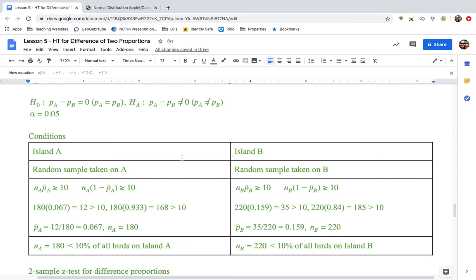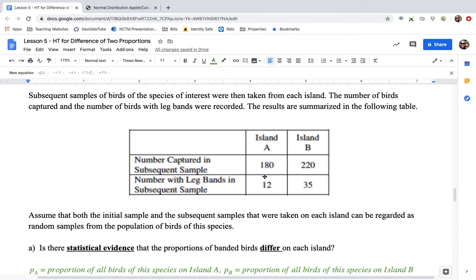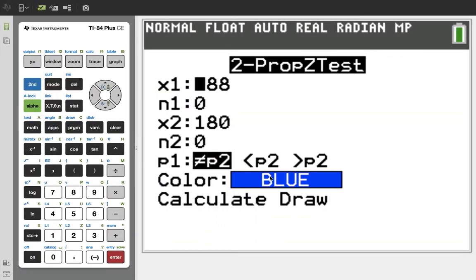We had, use this table, we had 12 and 180, and then 35 and 220. So 12 is x1. N1 was 180. X2 was 35 for island B, and 220 was the sample size in island B.